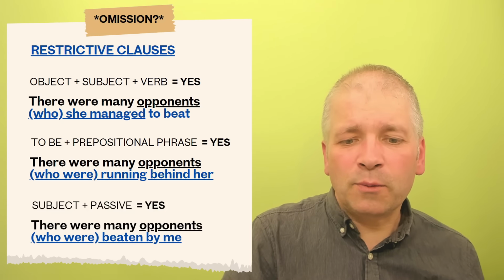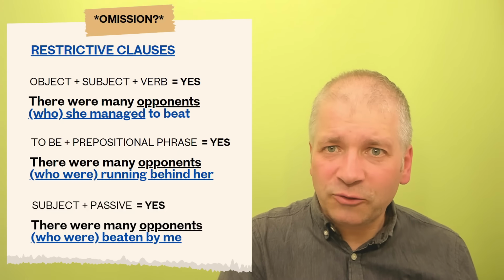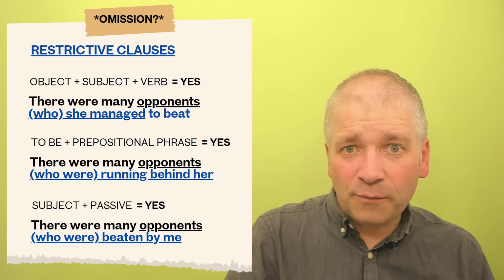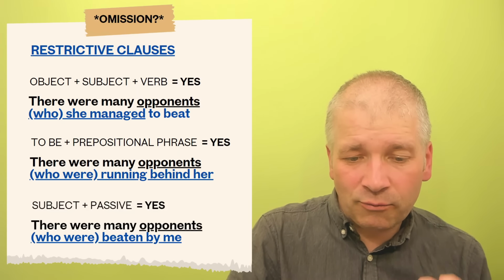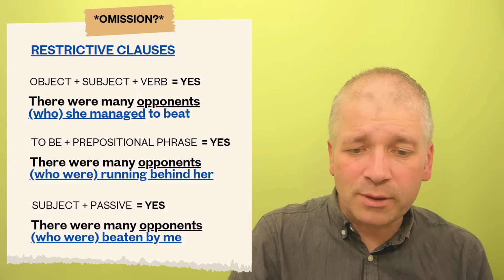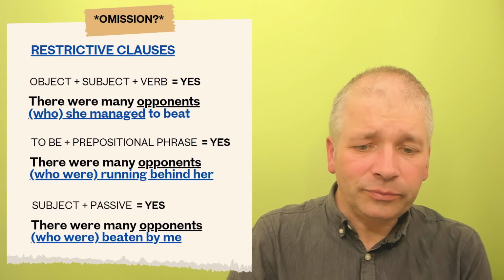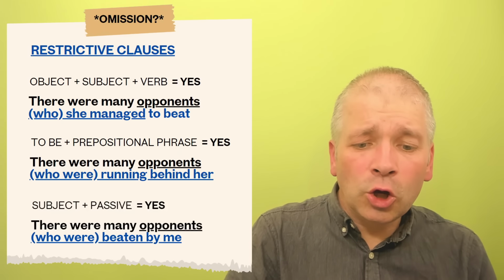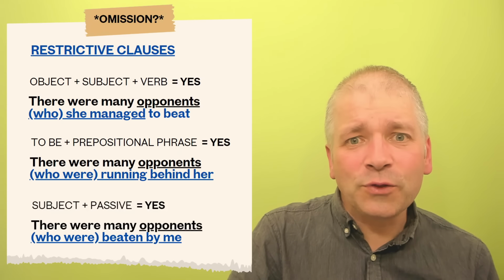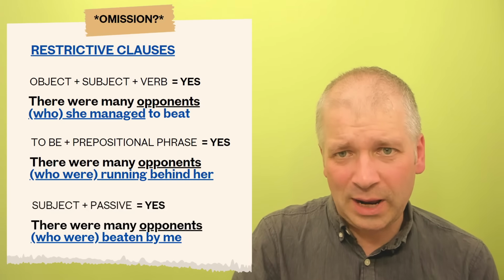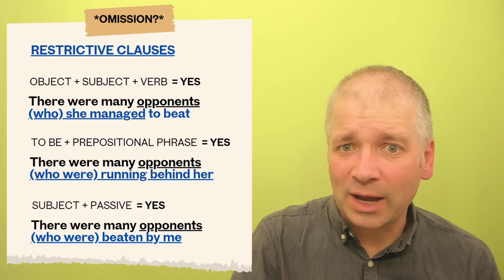One more type of clause where we can do that is when you have the subject followed by a passive form. In the example at the bottom of the page here, we have a passive in the relative clause. There were many opponents who were beaten by me. So here, who is the subject of the relative clause because it comes immediately before the verb phrase, so it must be grammatically the subject.